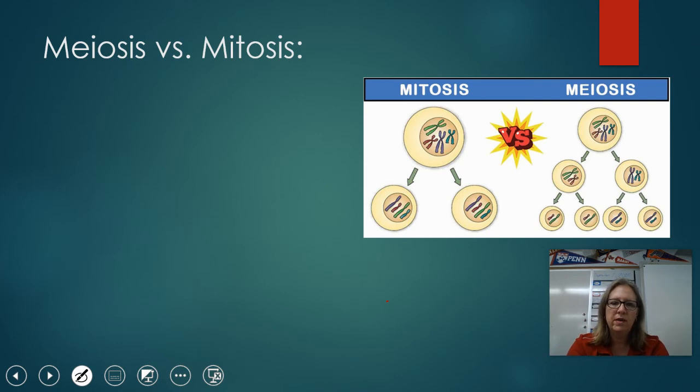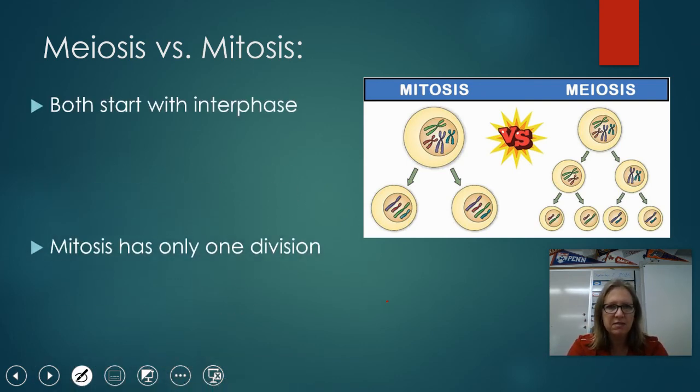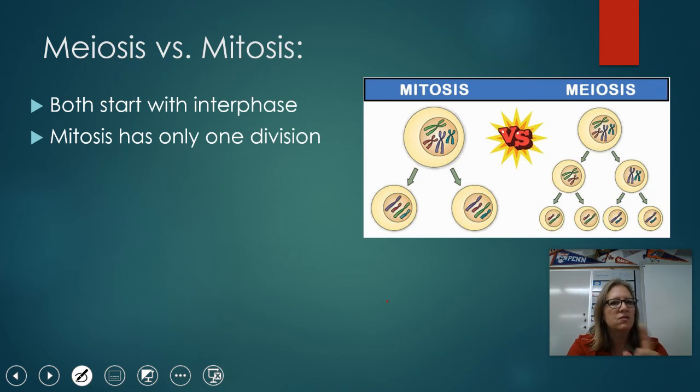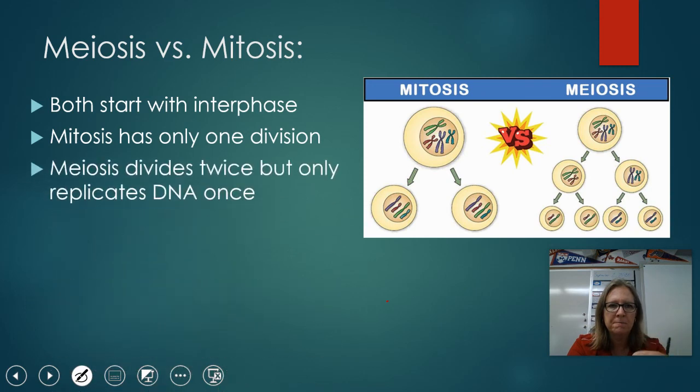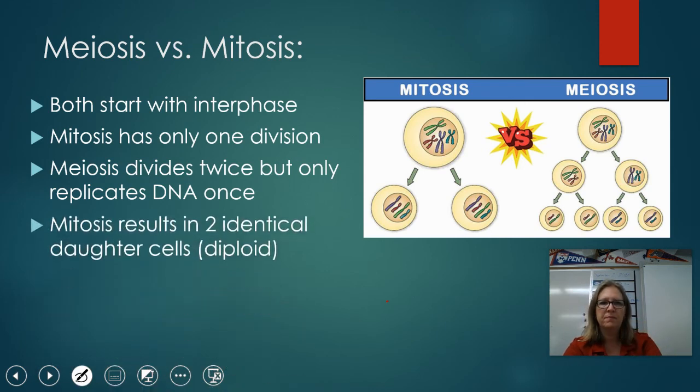So let's do a quick comparison between the two. They both start with interphase. Mitosis only has 1 division though, okay? Meiosis goes through 2 divisions. Meiosis divides twice, but it only replicates that DNA once. So it only goes through interphase, the very, very beginning. Once it goes through that first division, it does not copy itself again, okay?